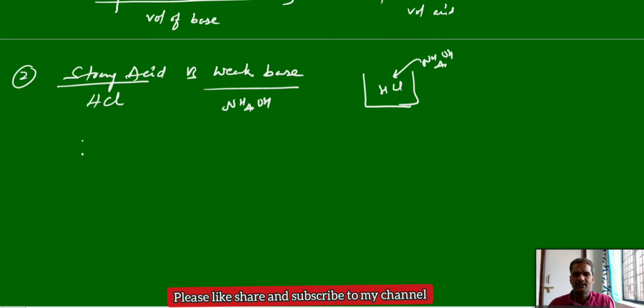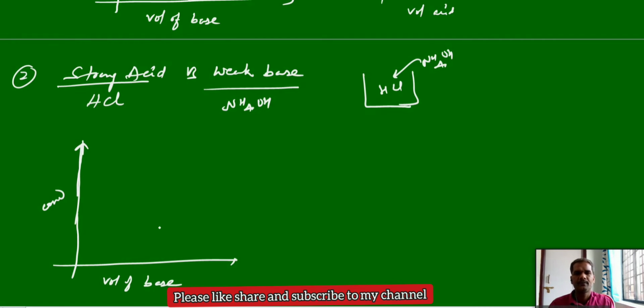Then what changes can we observe in the conductometric graph? You can see the graph here: conductance versus volume of base. Initially we have the HCl, which shows more conductance.